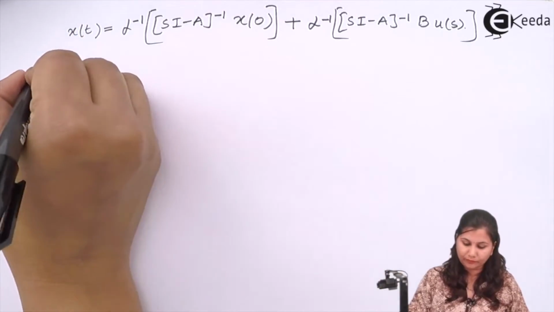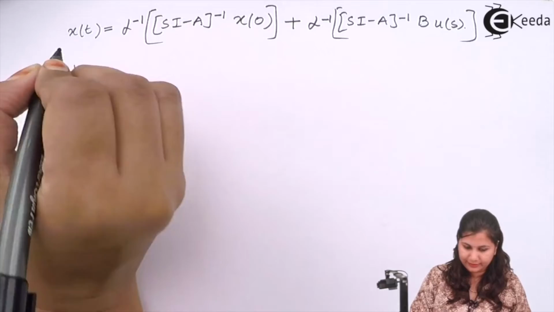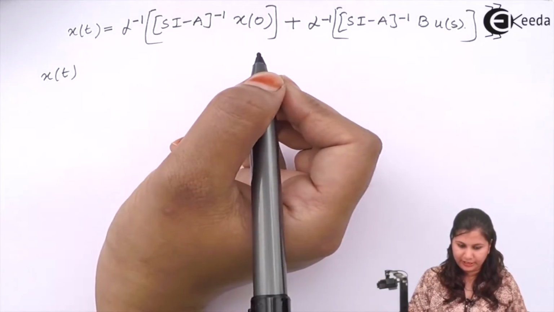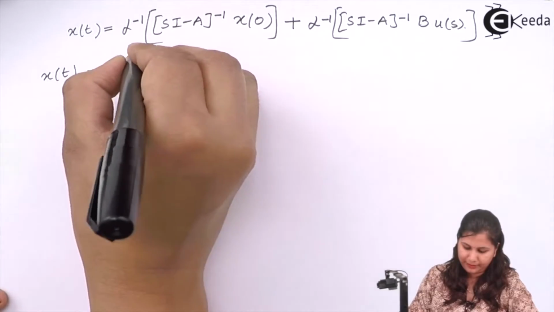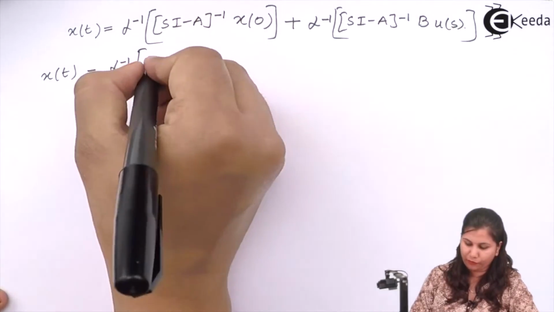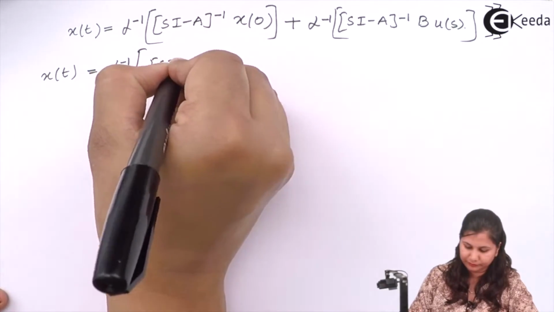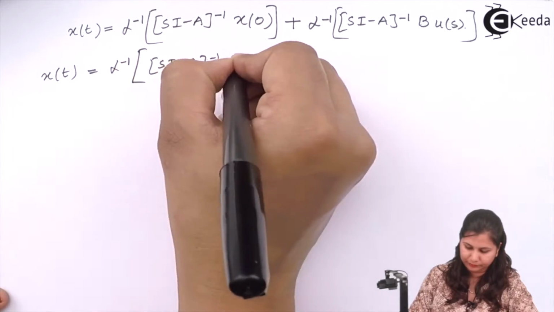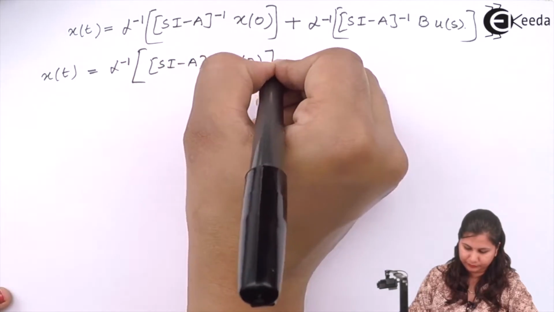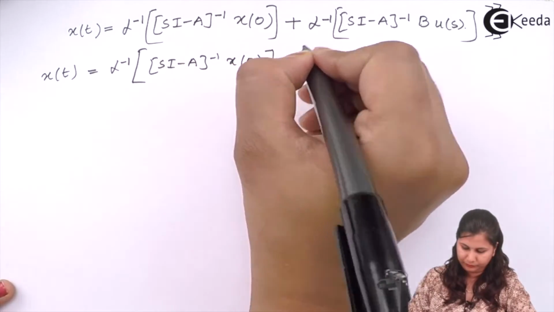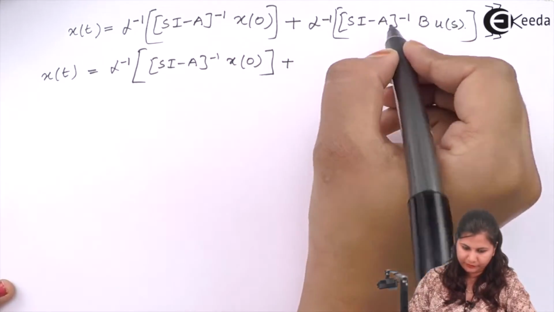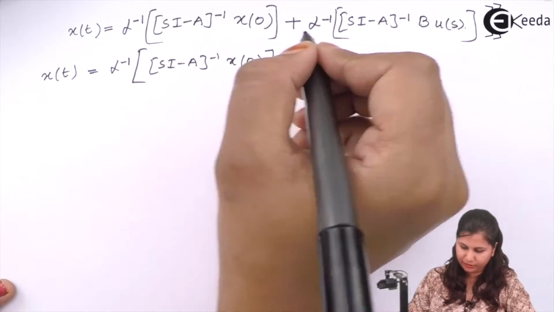Okay. Now applying this, we have x(t) equals the inverse Laplace transform of all the terms, plus the inverse Laplace transform of this.